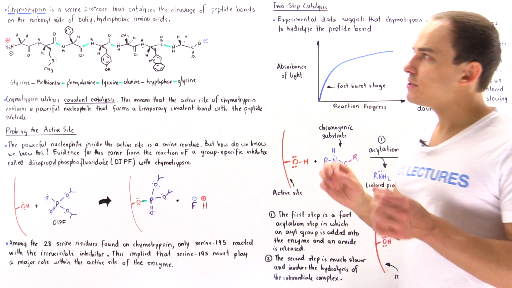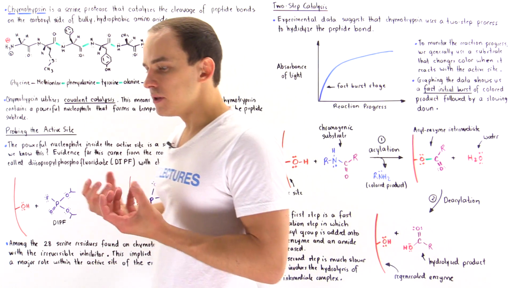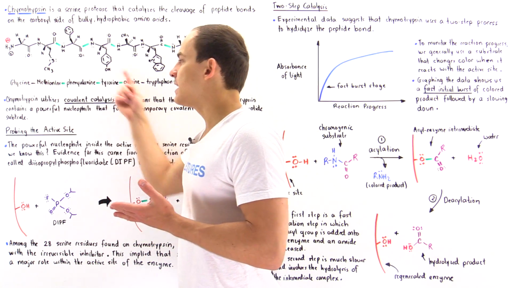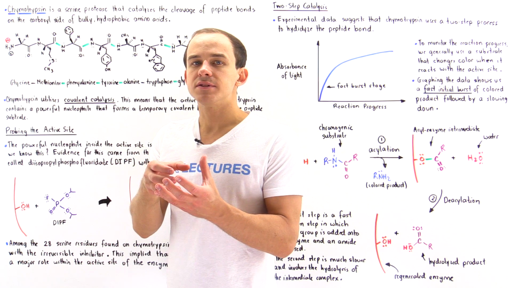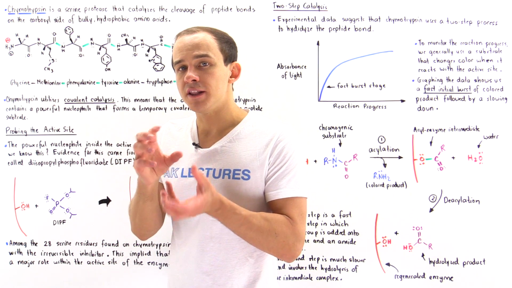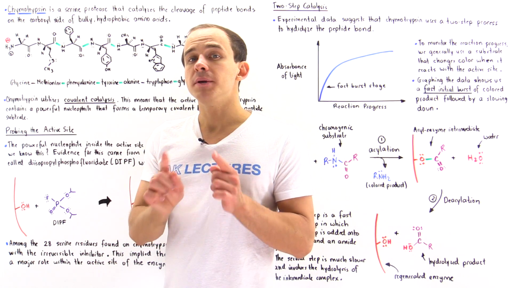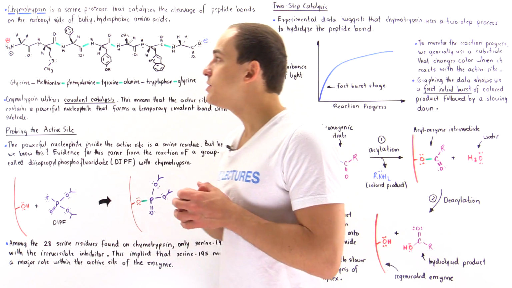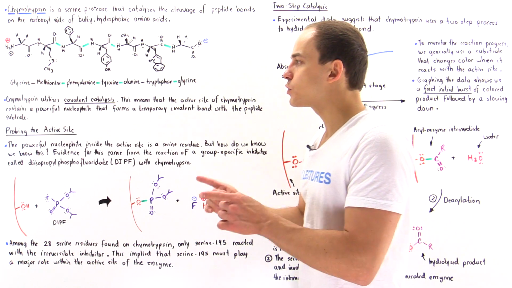Now, chymotrypsin is an example of an enzyme that utilizes the covalent catalysis mechanism. What that means is, inside the active site of chymotrypsin, we have some type of nucleophilic residue that acts as the catalyst in forming a temporary covalent bond between the active site of the enzyme and that peptide substrate molecule.